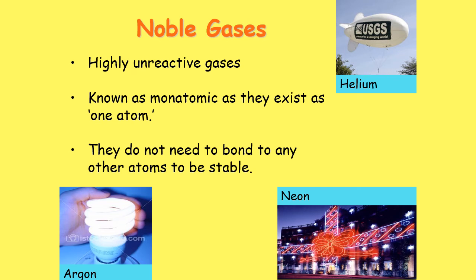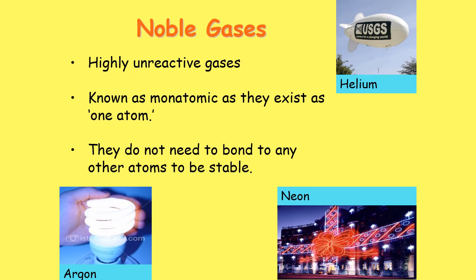It's hard to get them to do a chemical reaction at all. They are described as monoatomic, and that's because, unlike a lot of elements where their atoms come together to form a structure, noble gases exist as one atom at a time, and they do not form bonds.